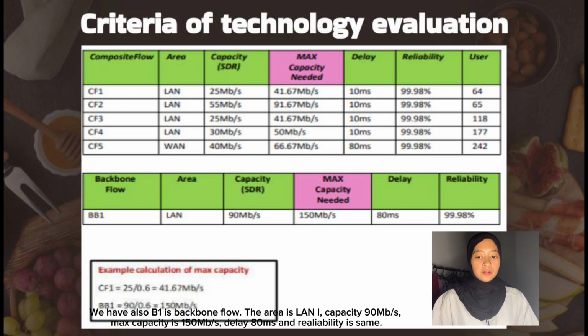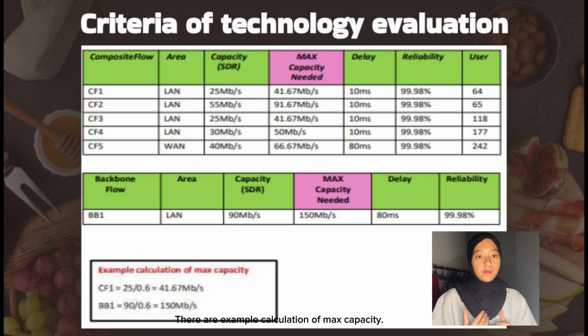And we also have BB1, which is backbone flow, and the area is still LAN, capacity 90 Mbps, max capacity is 150 Mbps, the delay is 80 ms, and the reliability is also 99.98%. And we have an example calculation of max capacity. For CF1, we use 25 divided by 0.6, and we get the max capacity.